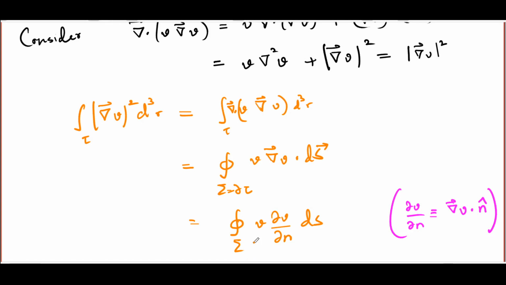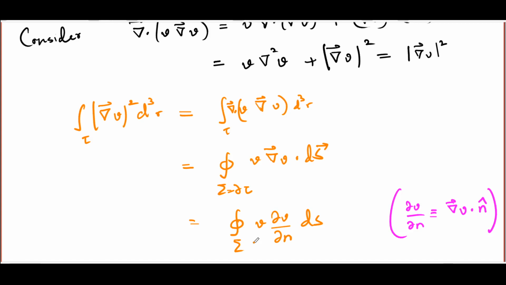Now so far we have said nothing about the boundary conditions. We have just said that V1 and V2 satisfy the same Poisson equation for the same rho of r inside a region tau. Now we must begin to think about what is specified on the surface sigma of this region.